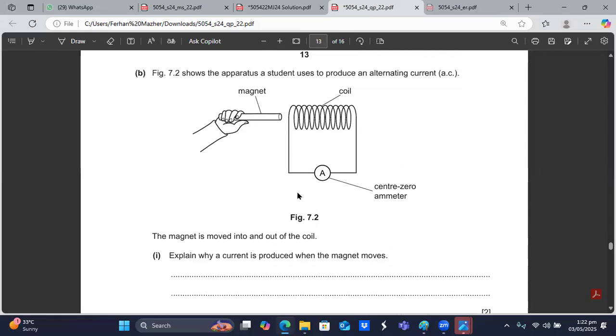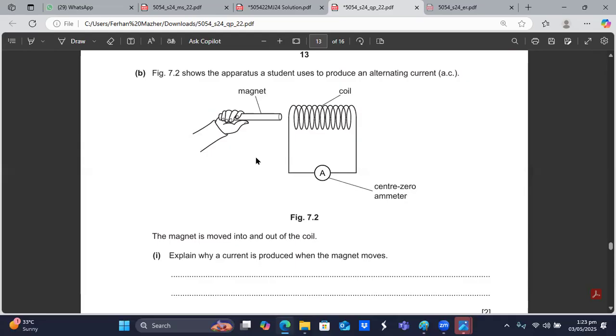Okay, so when you will be moving this magnet relative to this coil, when the magnet is coming closer, the number of the magnetic lines passing through this coil will change. And when you are moving away from the coil, even then the magnetic lines passing through this coil will change. So when you are moving it forward, backward, what is happening?